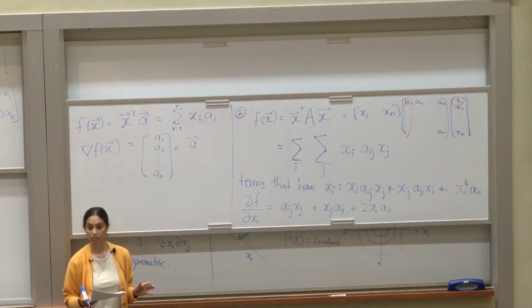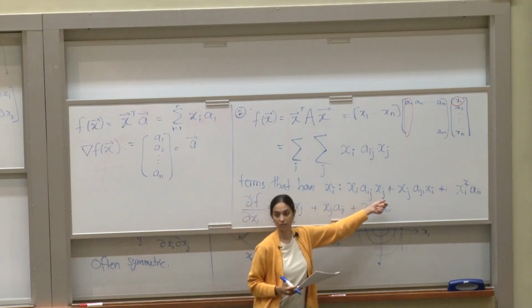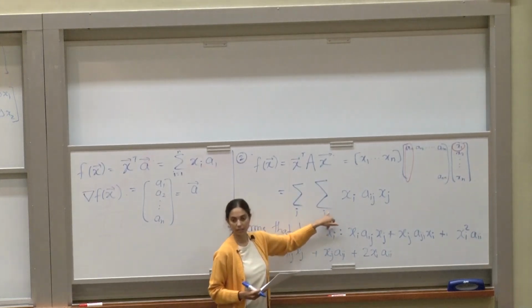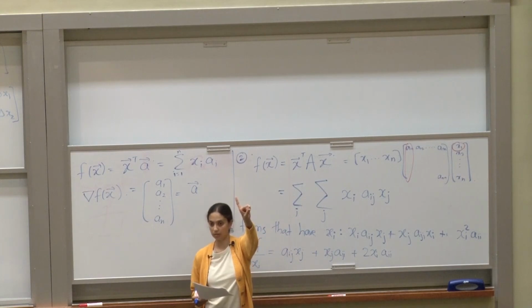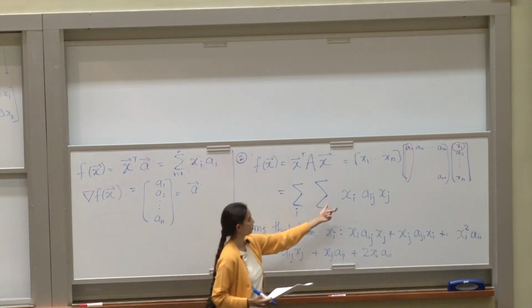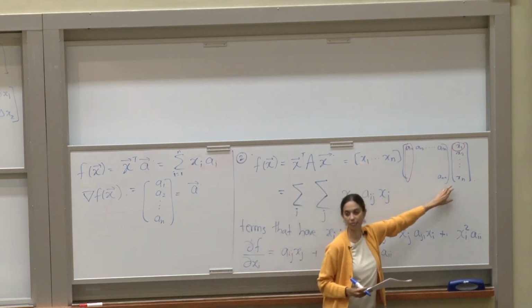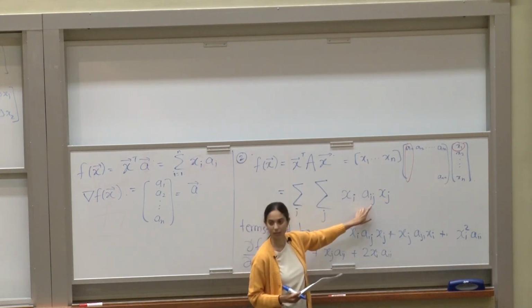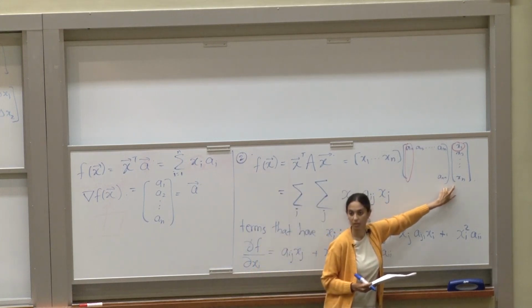What are the terms that have xi? Okay. So let's look at this summation over i and j, right? Let's just say, what are the terms that have x1? So x1 can either come from this side, or it can come from that side. So I could have x1 times a1j, and then I'd pick up an xj from this guy.